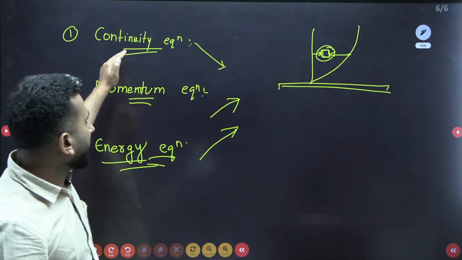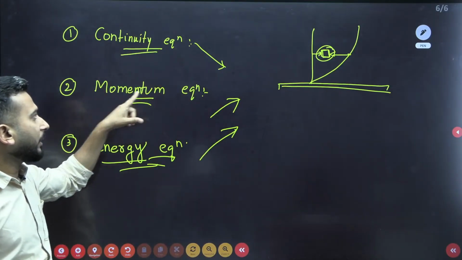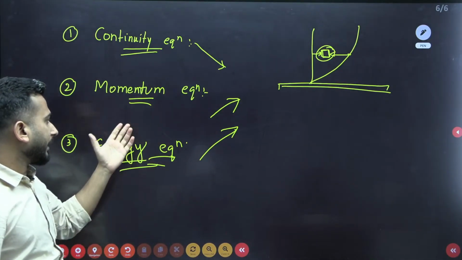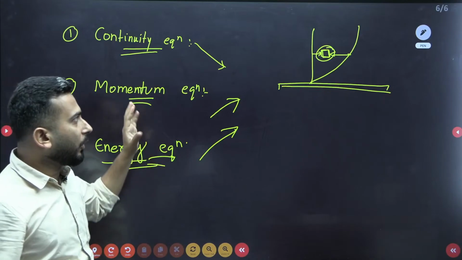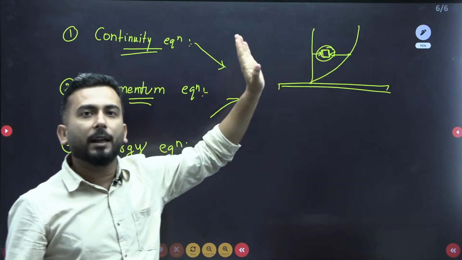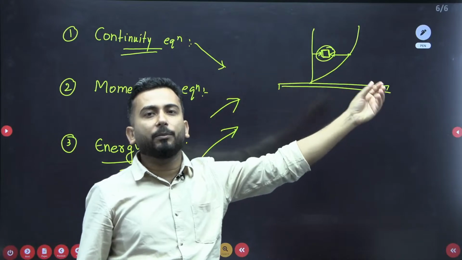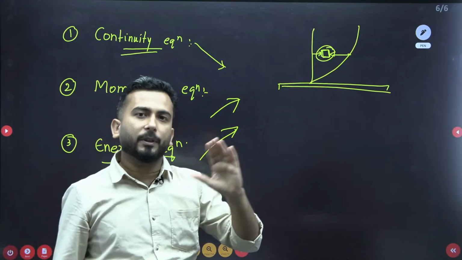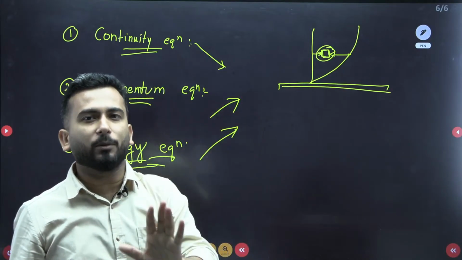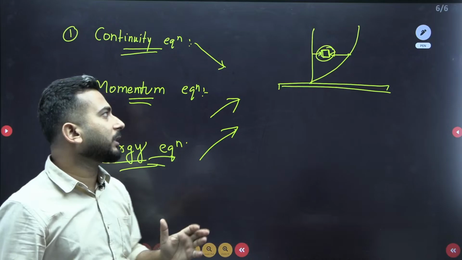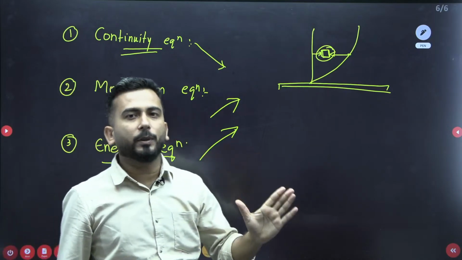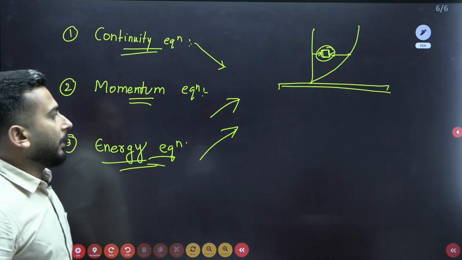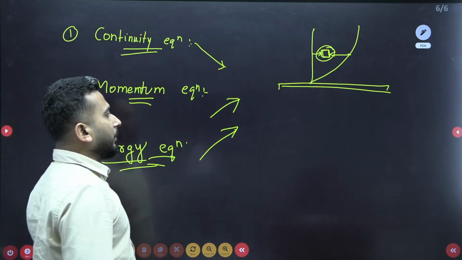So the continuity equation, that is the mass conservation, the momentum equation, that is the force equation, Newton's second law, and the energy conservation equation. When I apply all these three, I will get partial differential equations, Blasius's equation is also there. No need to memorize that much. Using all those conservation equations, ultimately you will get the temperature profile.